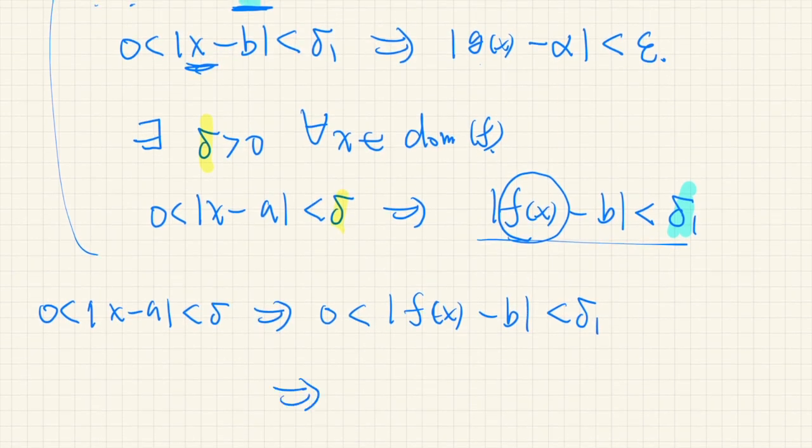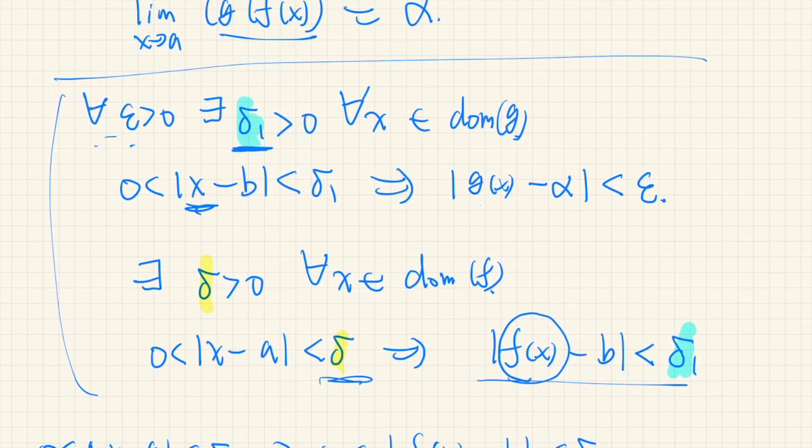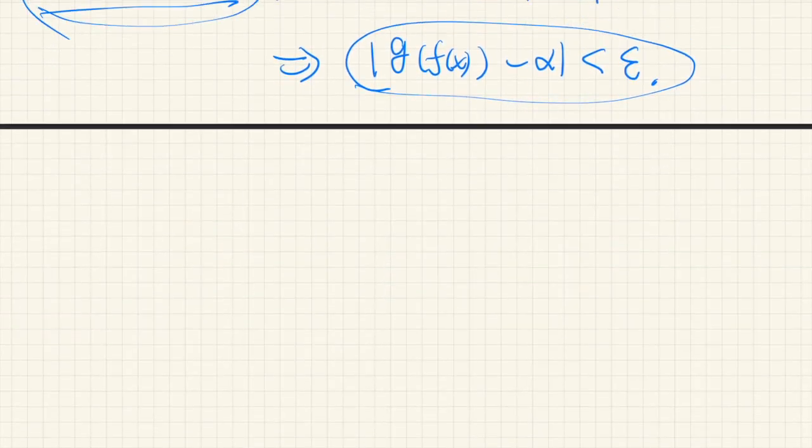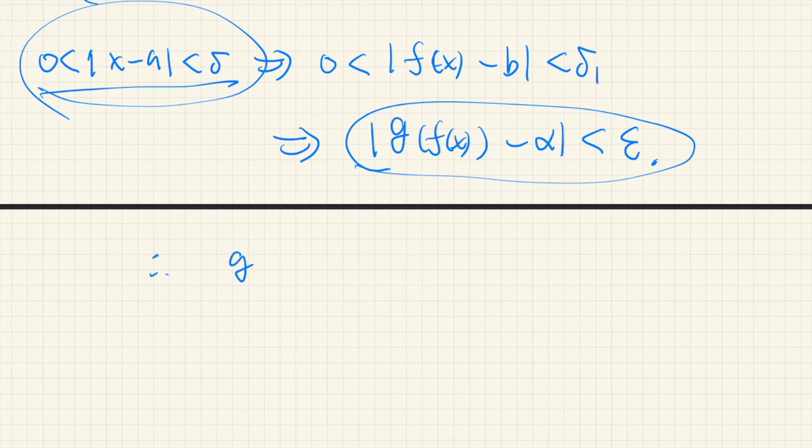Because of this, we have g of f of x minus alpha is less than epsilon. So if we choose delta in this way for a given epsilon, then we have this implication. If this is true, then this is true. Then this means the limit of g of f of x is alpha as x approaches a. And we are done.